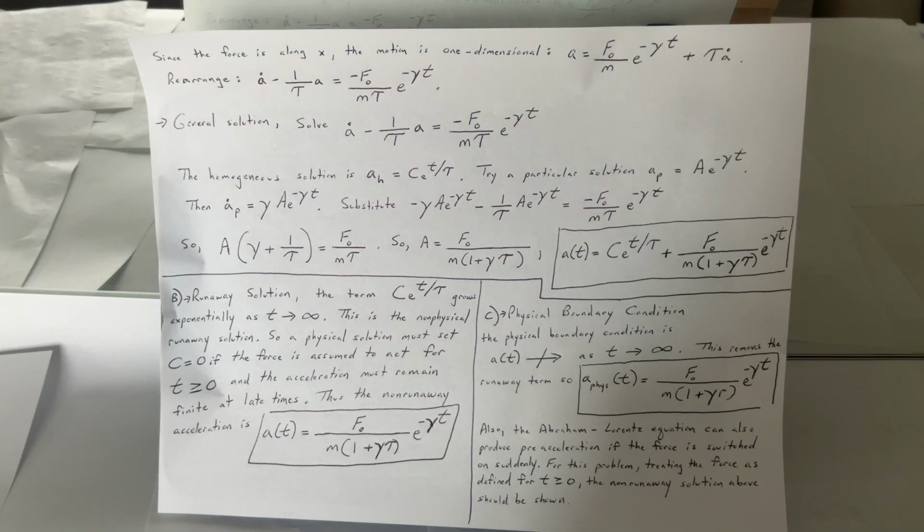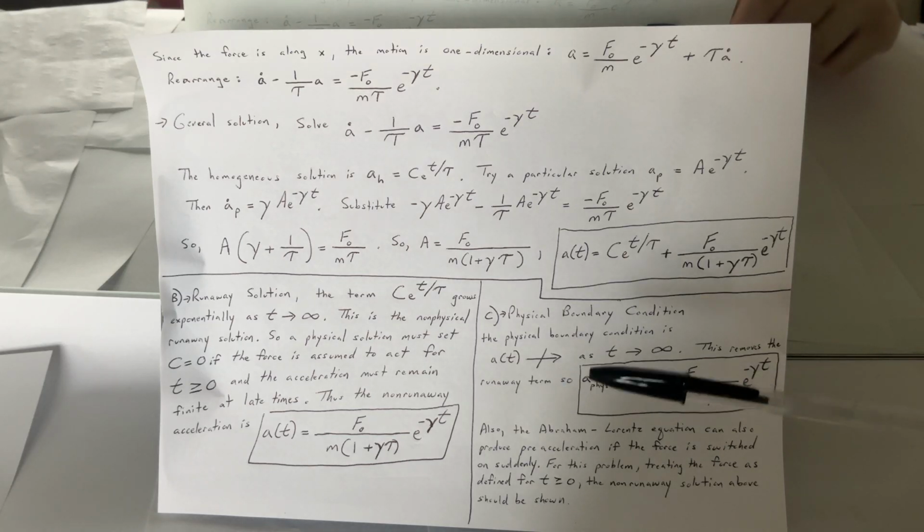Okay, so building on that, that's letter B. Letter C, what they want us to do is determine the physically acceptable solution by imposing the correct boundary condition. Discuss the issue of pre-acceleration. So for letter C, the physical boundary condition here is that a(t) does not approach infinity as t approaches infinity. So this removes the runaway term.